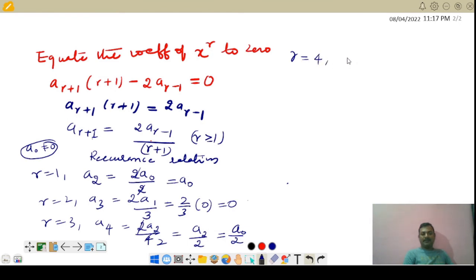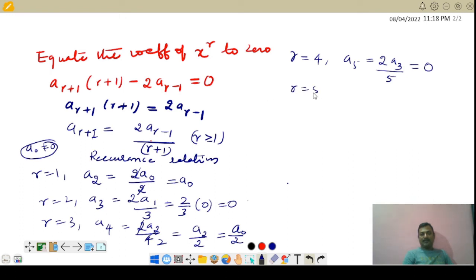So again we get a5 is equal to 2 times of a3 divided by 5. Correct? See, here we substituted 2 times of, we put r is equal to 4. 4 minus 1, 4 minus 1 is 3. a3 divided by 4 plus 1 is 5. Since you know that a3 value is 0, into 2 by 5 is 0.